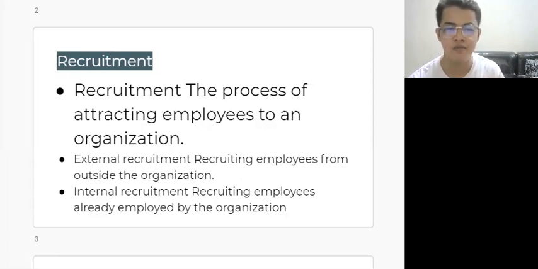On the other hand, advertisements, job fairs, public employment service offices, the internet as well, and social media recruitment are all examples of external recruitment sources.